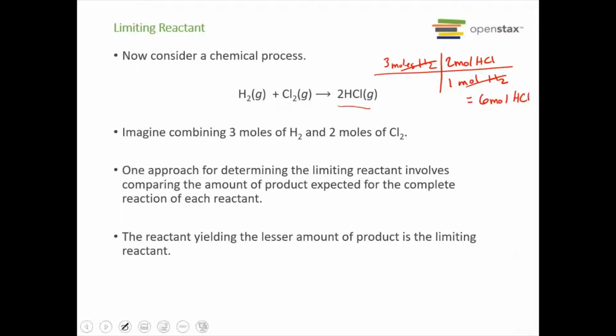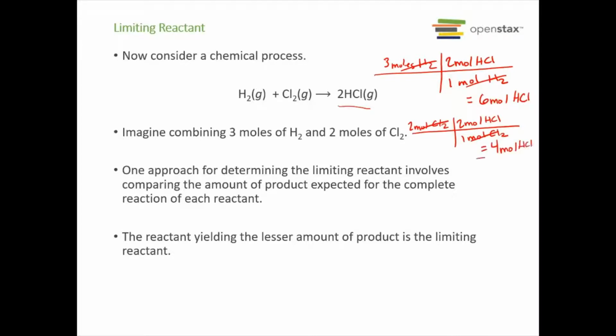Now, if we do the same thing for chlorine, we have 2 moles of chlorine, and it's 2 moles of HCl per 1 mole of chlorine, and we see that we can make 4 moles of HCl.